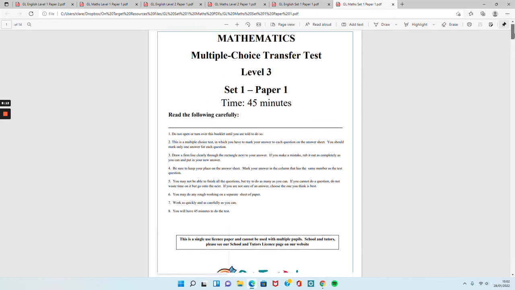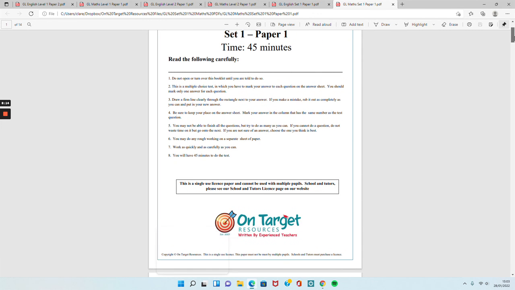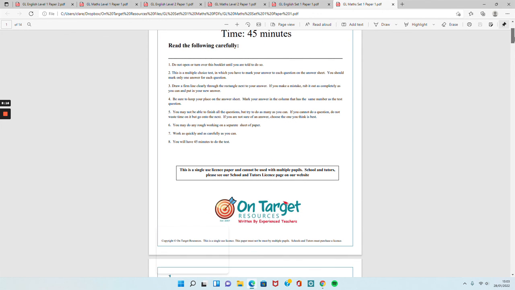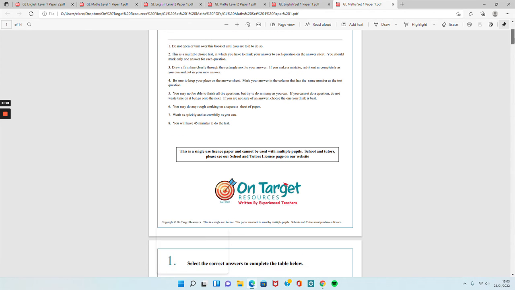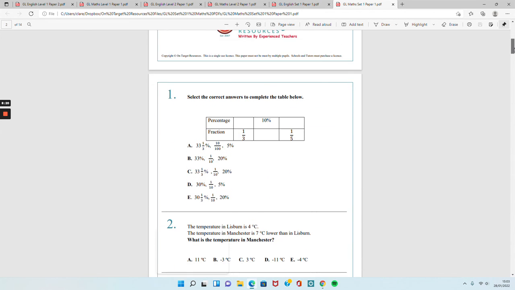So level 3 maths is a 45-minute paper, and there are 45 questions in it. So again, this is test level, so it's adding in a few more curriculum levels.